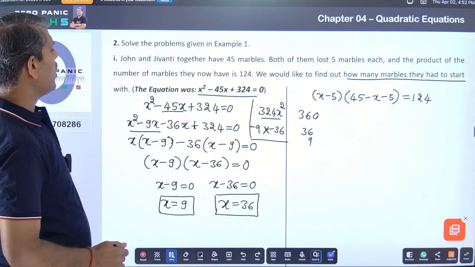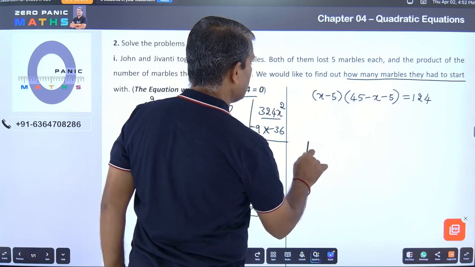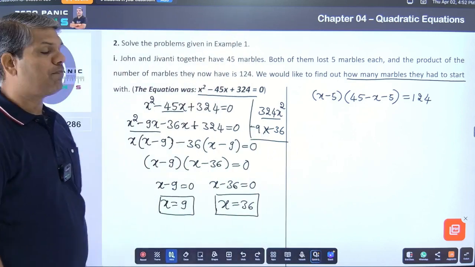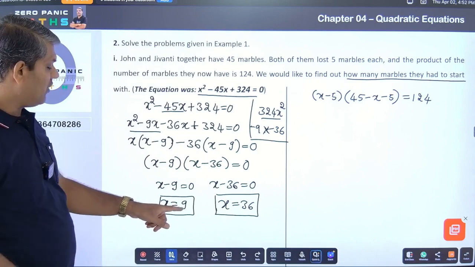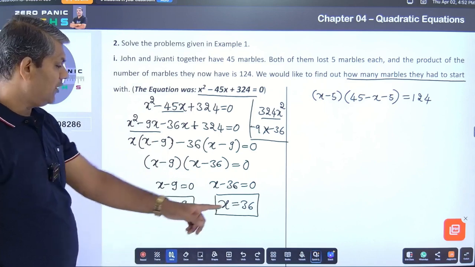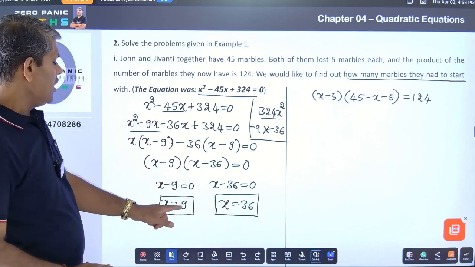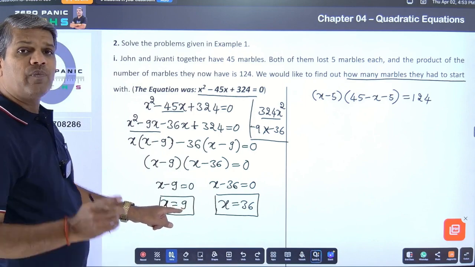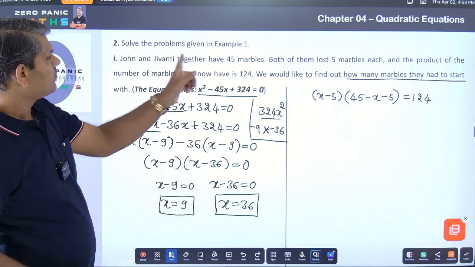We started with x as the number of marbles with John, so x can be 9 or 36, as both are proper solutions. If John has 9 marbles, then 36 are the marbles of Jivanti.